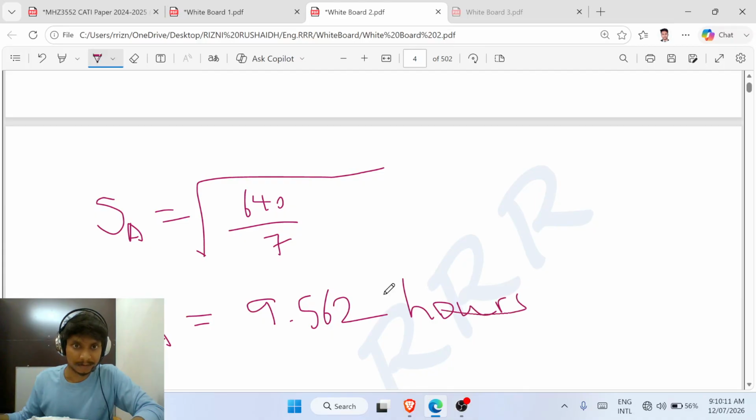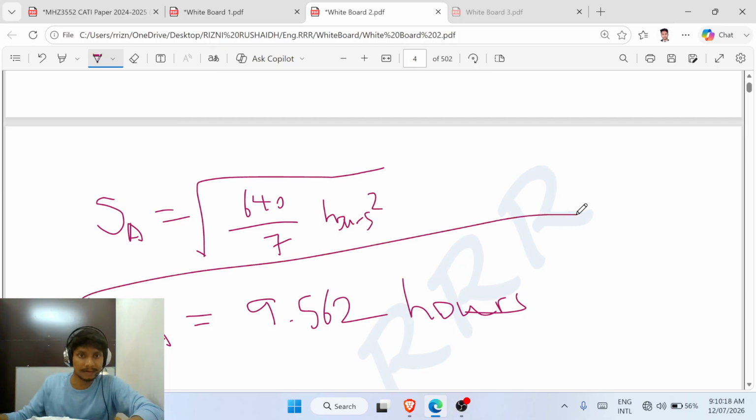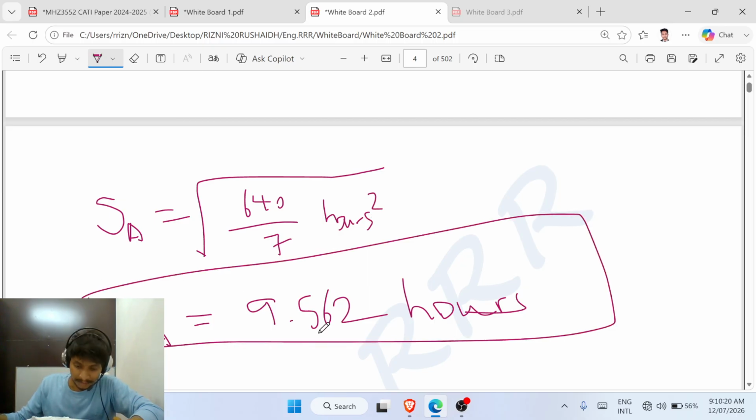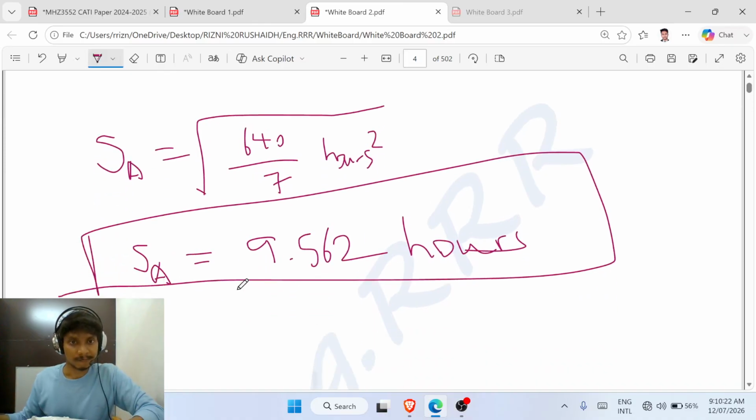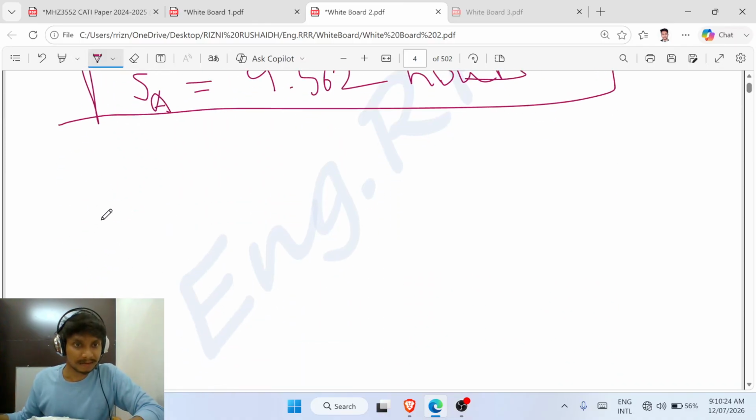This is our square root. Here S_A is equal to 9.562 hours.